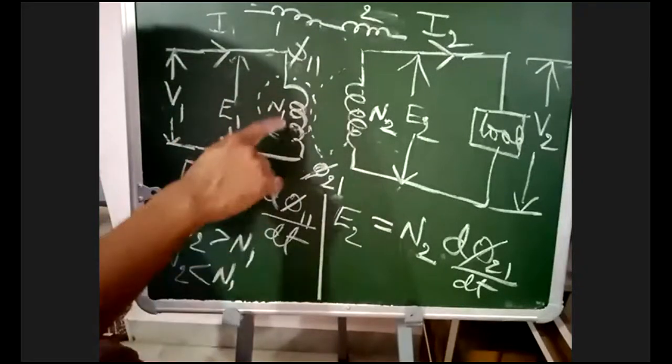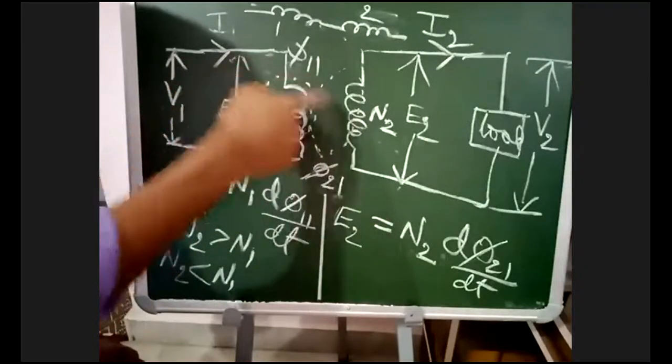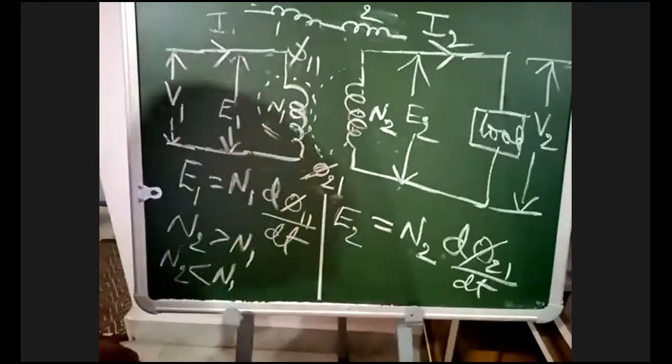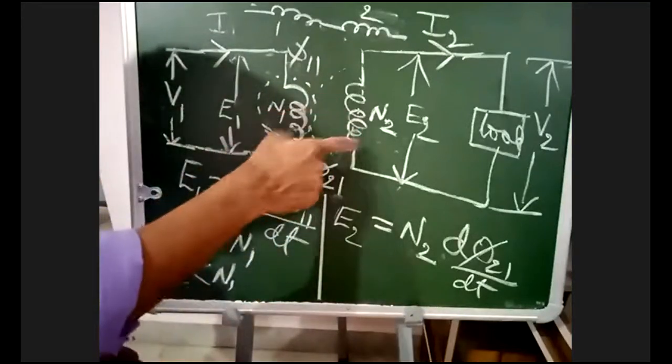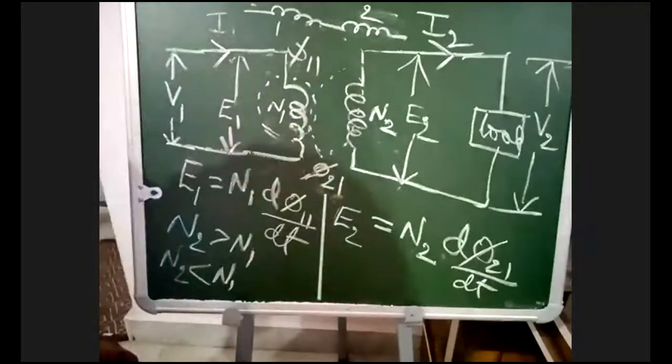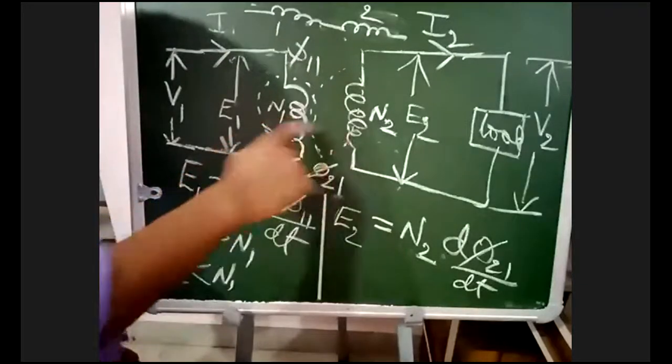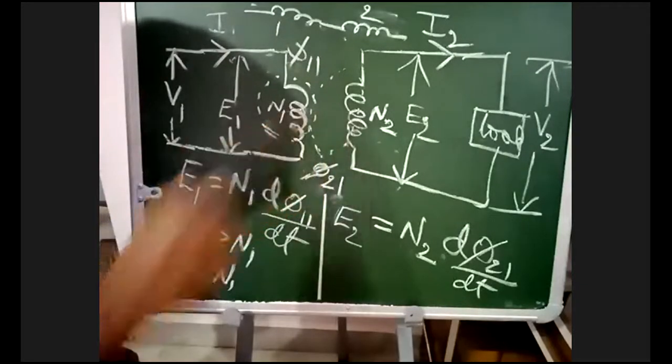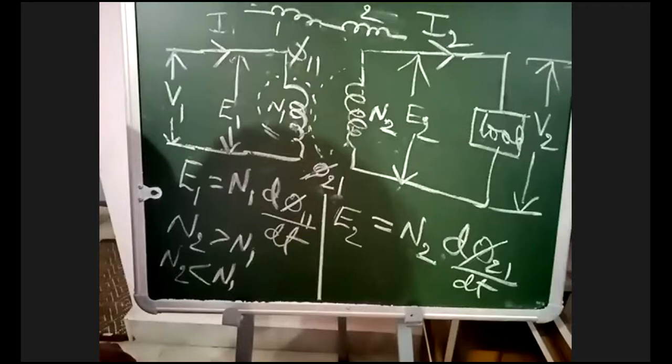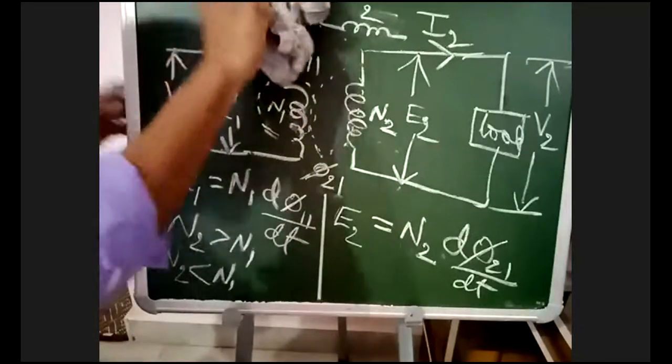Due to induction, due to the first flux, some flux is induced in the second coil. Due to this flux, EMF is generated. There is no electrical contact between these two. If there is no electrical contact, we call it induction. If there is a connection between the first and second coil, that is called electrical conduction.